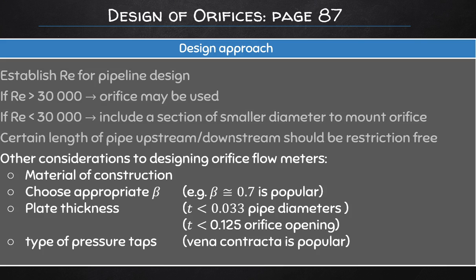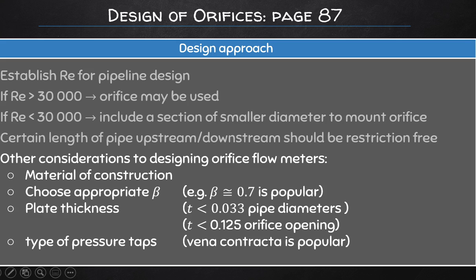Okay, and other considerations to keep in mind for designing good orifice type flow meters are to use a thin enough plate and place the pressure taps at opportune locations, such as at the place where a vena contracta occurs, where a good pressure drop will be obtained, as this will increase the sensitivity of the measurement.